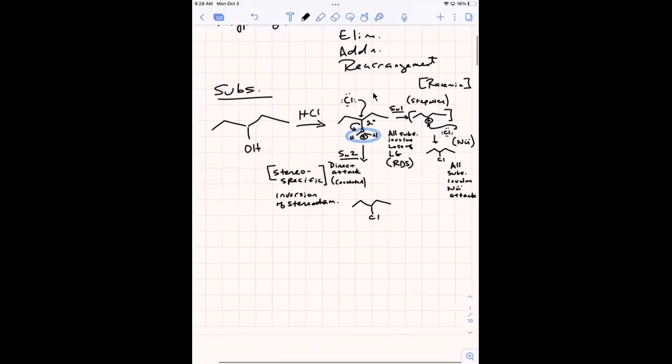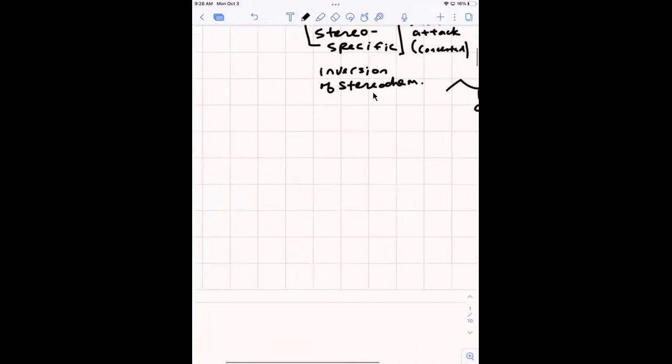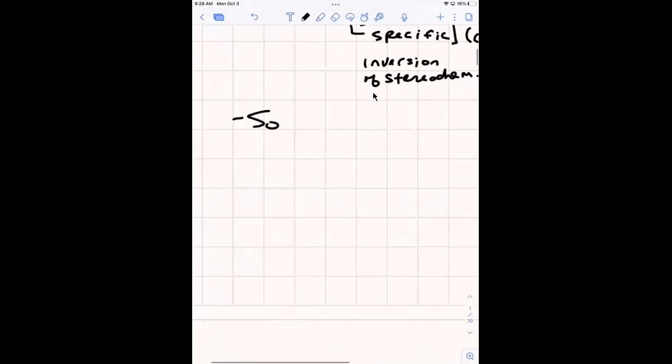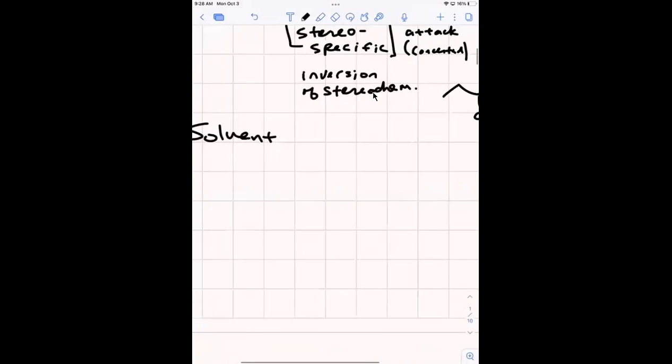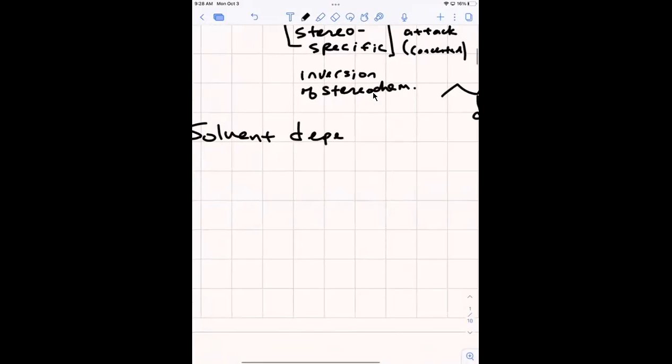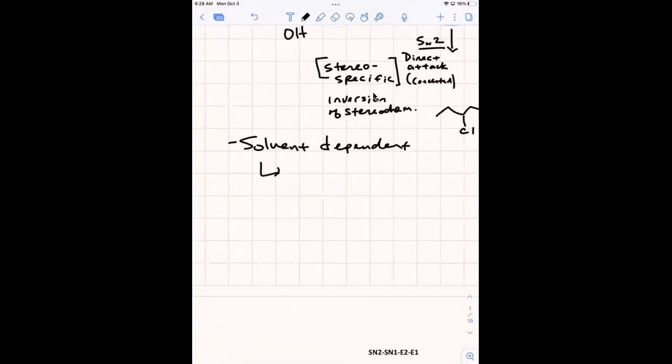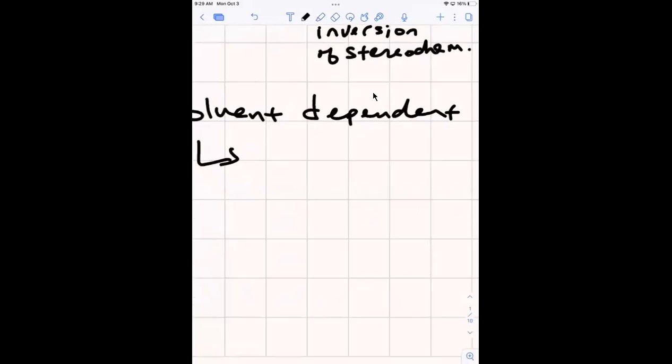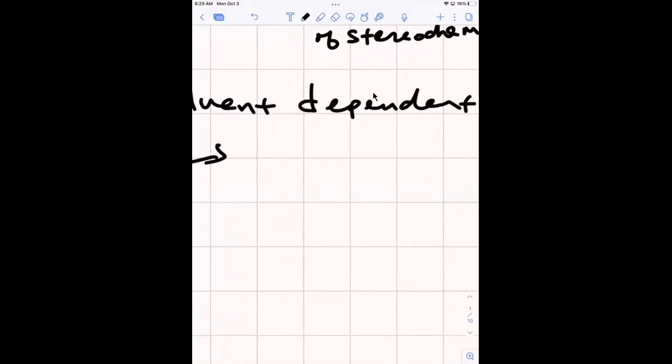And then the other part that's really important for substitution is the solvent. You have two types of solvents. We talked about this in passing, talking about the Grignard, when we talked about solvents being either protic or aprotic.